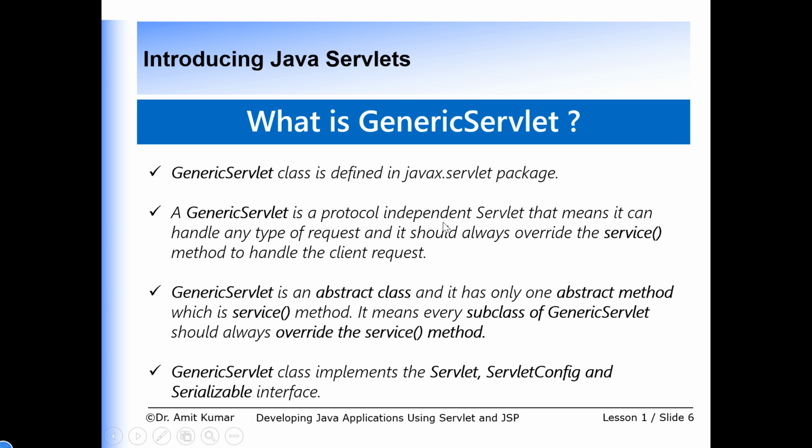Protocol independent means it can handle any type of request, and it should always override the service method to handle the client request. So the GenericServlet class is just protocol independent, and it can take any type of request. It means it is just a generic type of request.